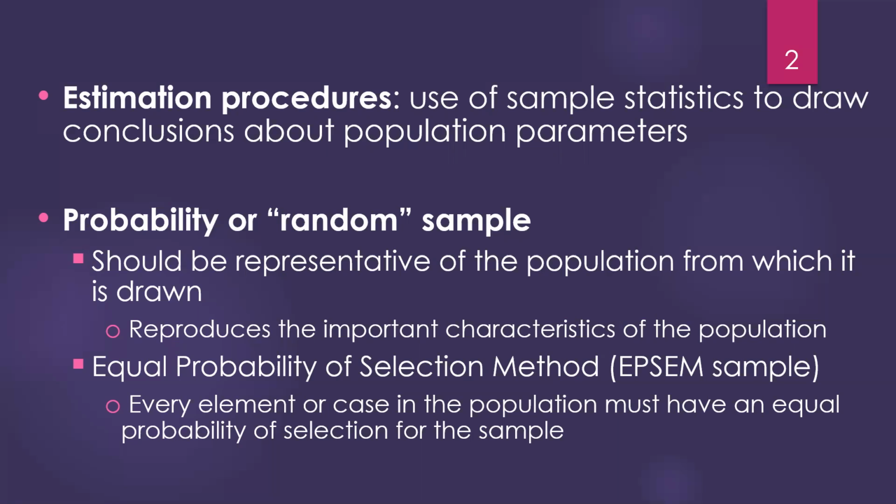That means that everyone has the same chance of being picked for the sample. These are two different principles of probability samples, right? A probability or random sample has to have both of these, but representativeness does not necessarily mean EPSEM, and EPSEM does not necessarily mean representative.